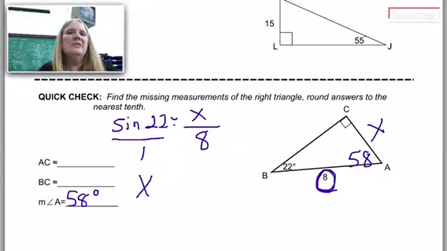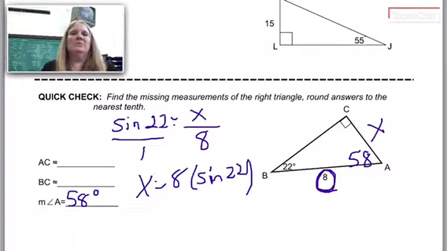So here it's just going to be X is equal to 8 times the sine of 22. That's 2.996. You can round that to 3.